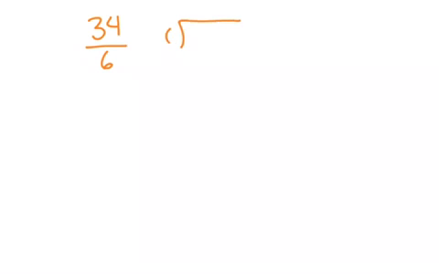Really, you're looking at it this way. Okay, so you know that 5 times 6, okay, that's 30. 6 times 6, 36. That's too big, so it's going to be 5. That gives us 30. We're subtracting. The remainder is 4. Okay, so now this is our new answer.